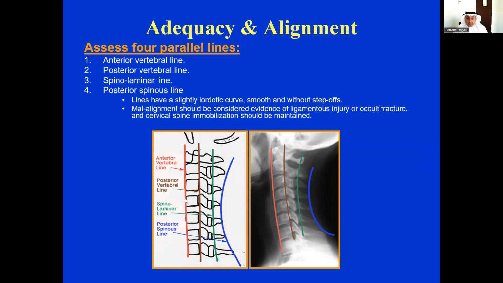They do not have to be straight. They may be straight because of cervical spasm, or could have mild lordotic curvature. However, what's important is that there is no step deformity or offline displacement at any of these lines.